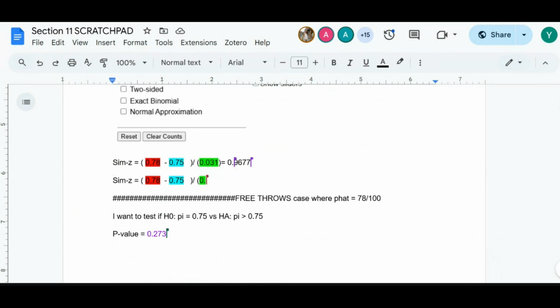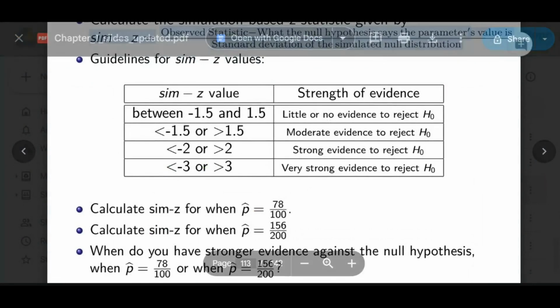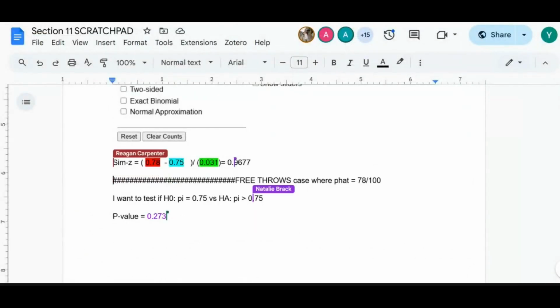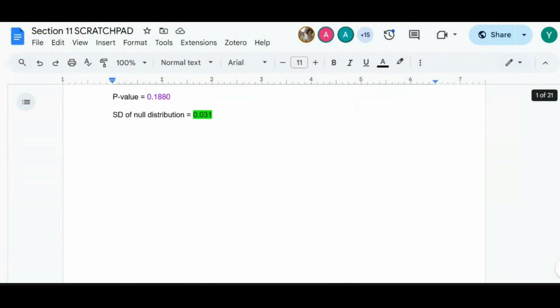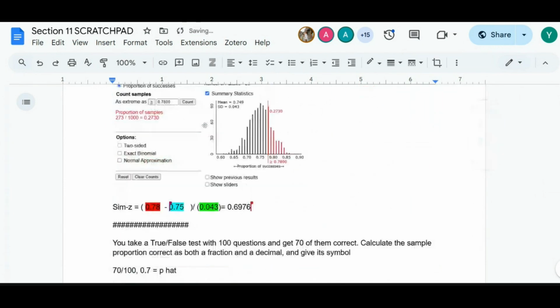Yes, so the evidence now is stronger against the null. Still in that zone, this kind of SIMZ is still in this not exciting zone, little or no evidence, but it is bigger. And consistently, the p-value was smaller in this situation, as you have rightly pointed out.